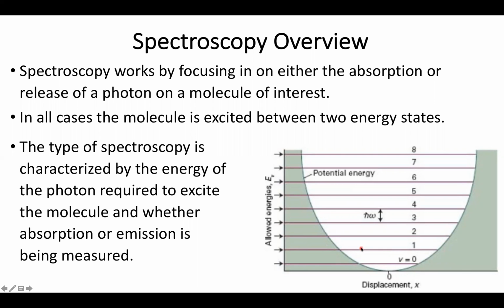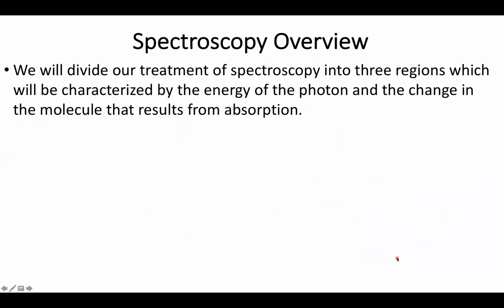First is the energy separation between the levels, and the second is what type of motion I'm exciting. So we're going to divide our treatment into three key regions, each of which is characterized by a certain energy regime and a certain type of movement that results.